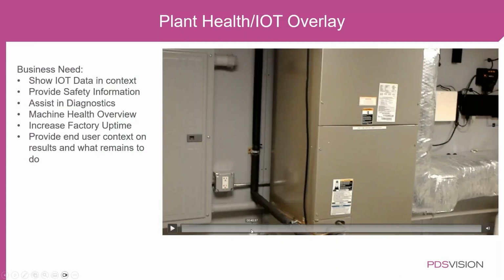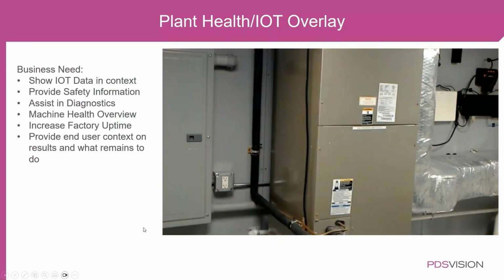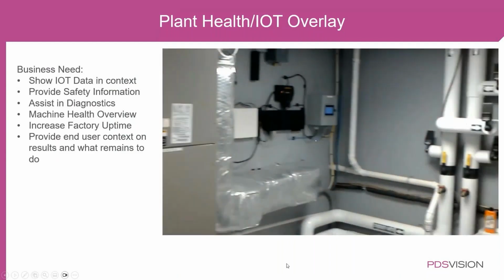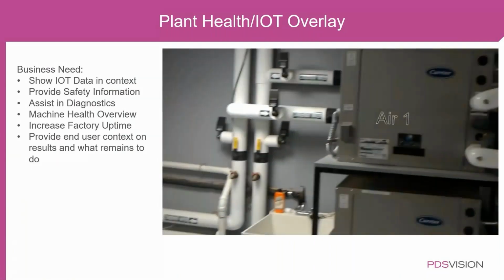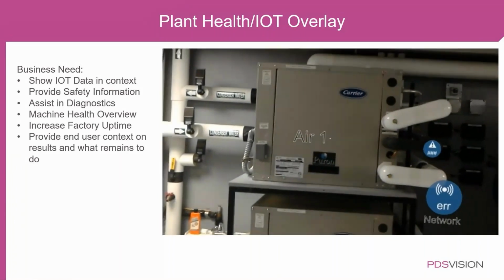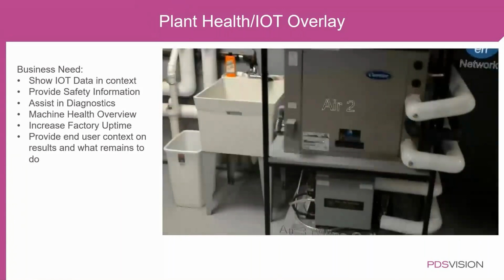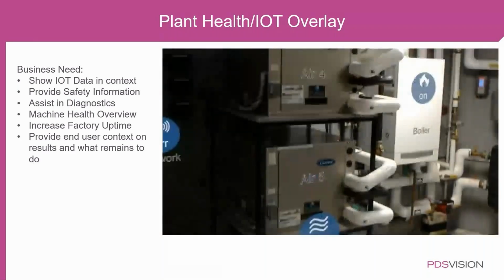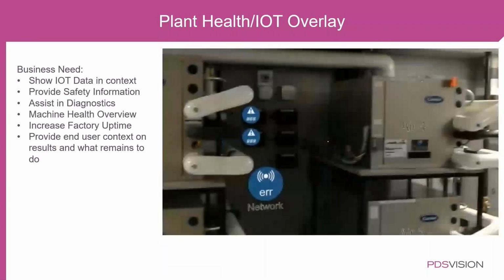And so an example of that in action would be this, where you'll see labels on different things, potentially IoT data saying it's, in this case, okay, or letting you know if it's on or anything like that.